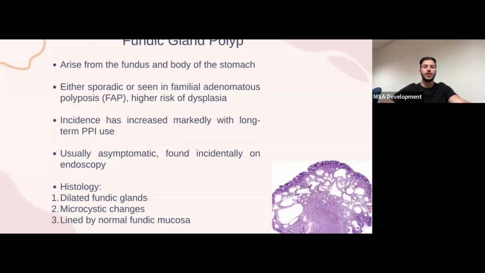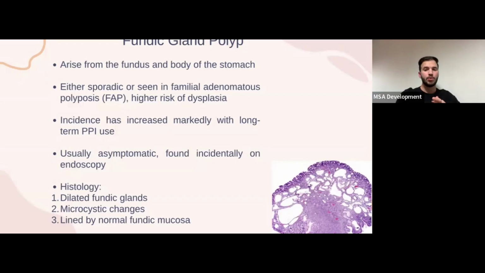Now we have the fundic gland polyp, which arises from the fundus and the body of the stomach. It can be either sporadic or seen in FAP, or familial adenomatous polyposis, which has a high risk of dysplasia. So the sporadic has a minimal neoplastic risk, while FAP has a high risk of dysplasia. And incidence has increased markedly with long-term PPI use. Why?